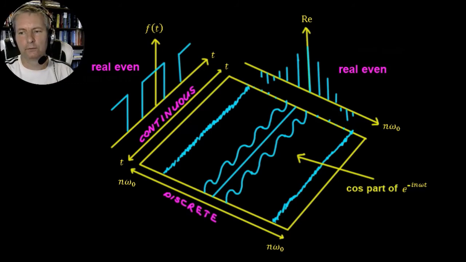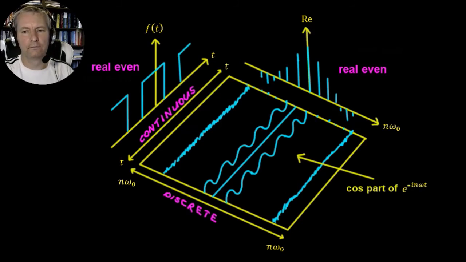Now the reason we don't have the sine omega t is because this is a purely even function. And if it's an even function, it doesn't have any odd parts, so it doesn't have any sine omega t parts to it. So it means that this e to the i n omega naught t, there's only one part of which is the cos omega t, so we can draw it out like this.